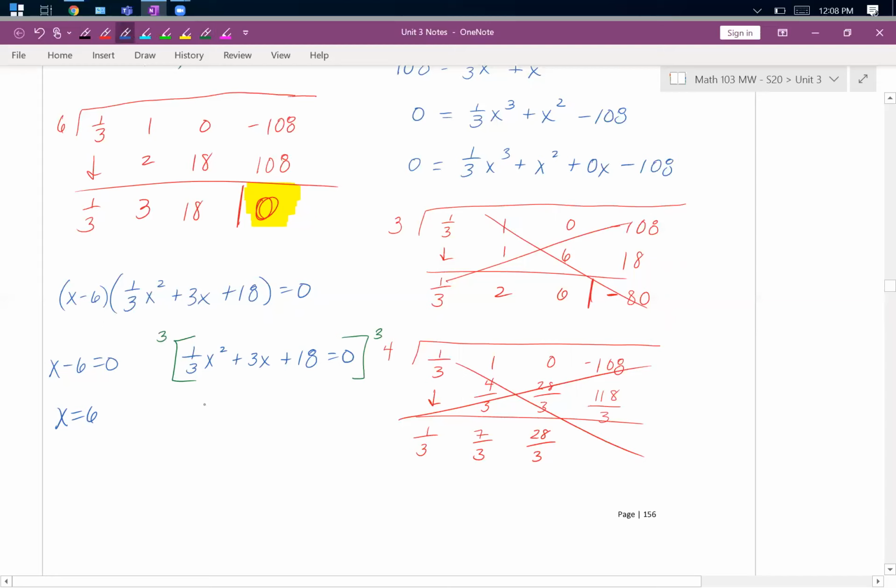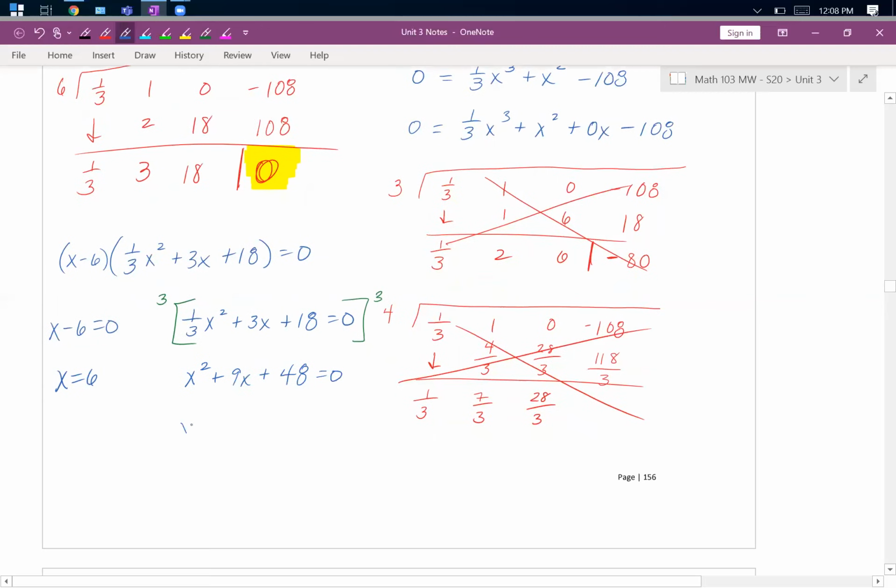But this way, it'll eliminate that fraction. Our equation turns into x squared plus 9x plus 48, and I can clearly see now that that is not going to factor nicely, so we'll have to use the quadratic formula.